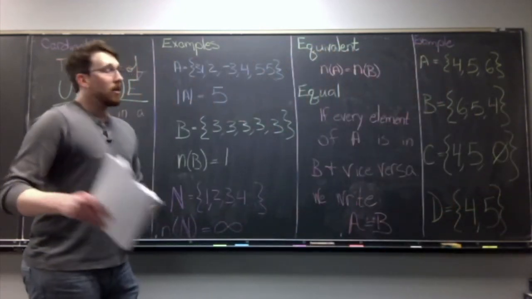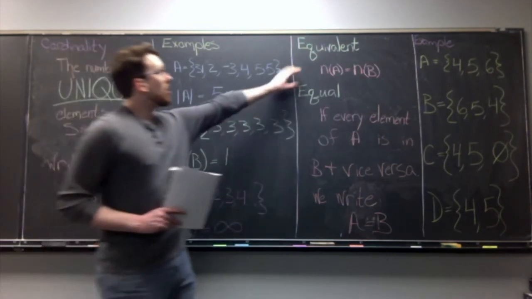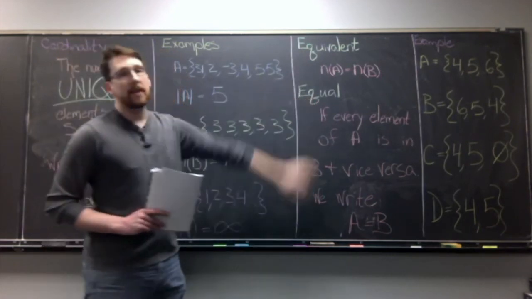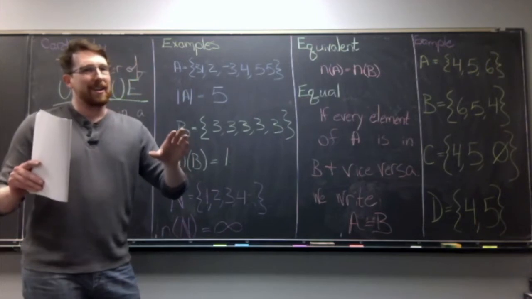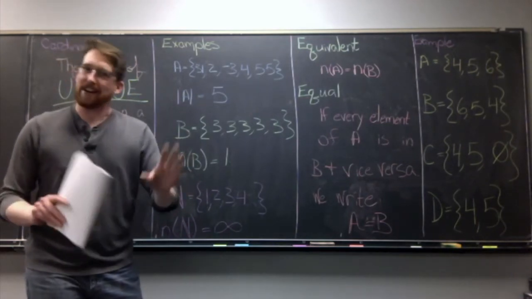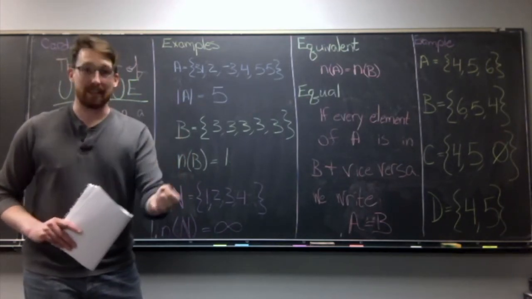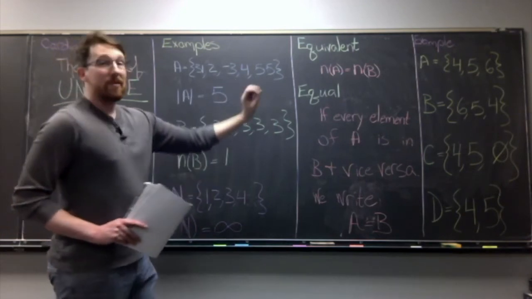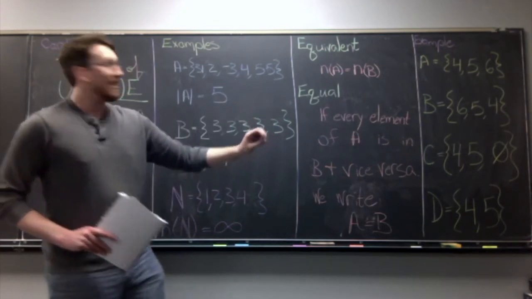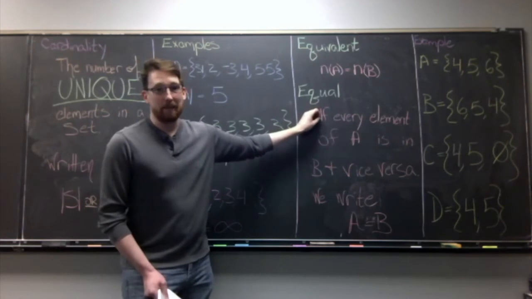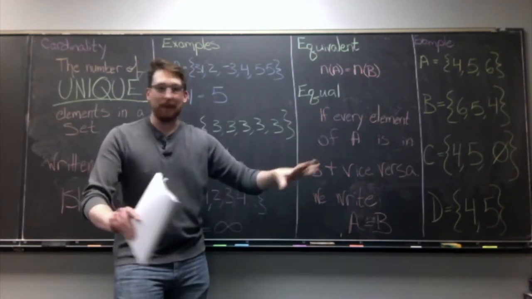Having said that, let's get on with this idea of equivalent and equal sets now. This is gonna suck, and I know that, and I'm sorry for this. But an equivalent set is not the same thing as an equal set. So bear with me for just a little bit.